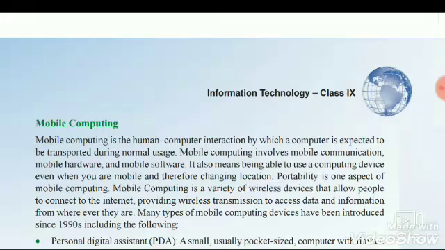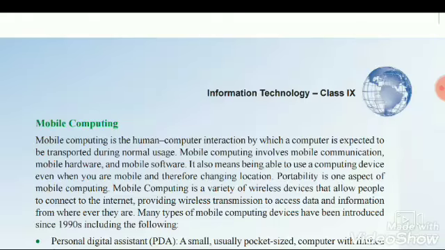So portability is one aspect of mobile computing, and mobile computing is a variety of wireless devices that allow people to connect to the internet, providing wireless transmission to access data and information from wherever they are. Many types of mobile computing devices have been introduced since 1990.